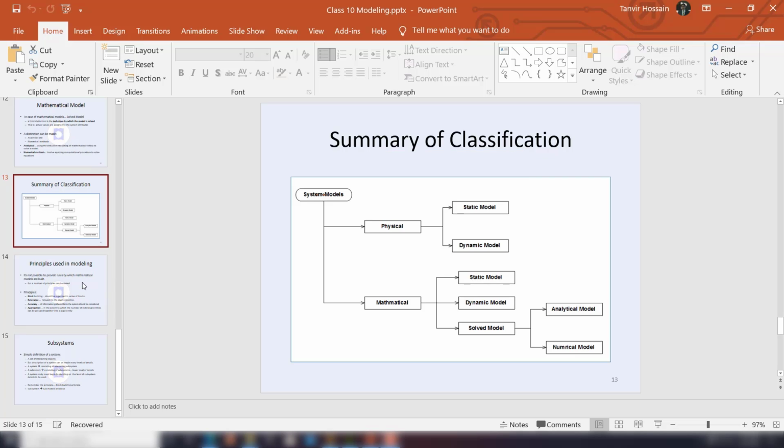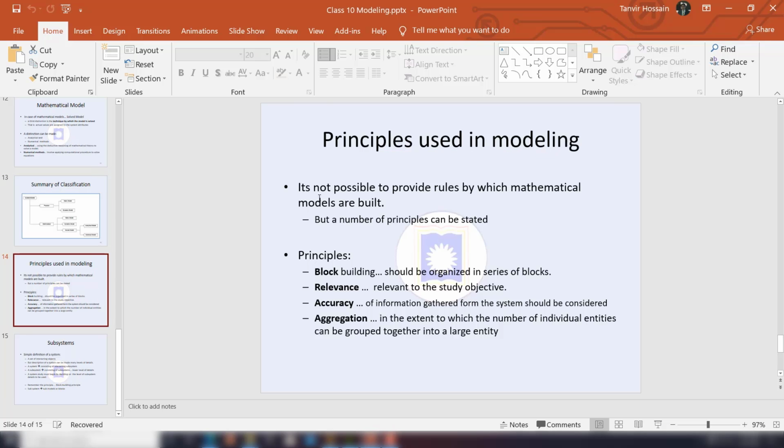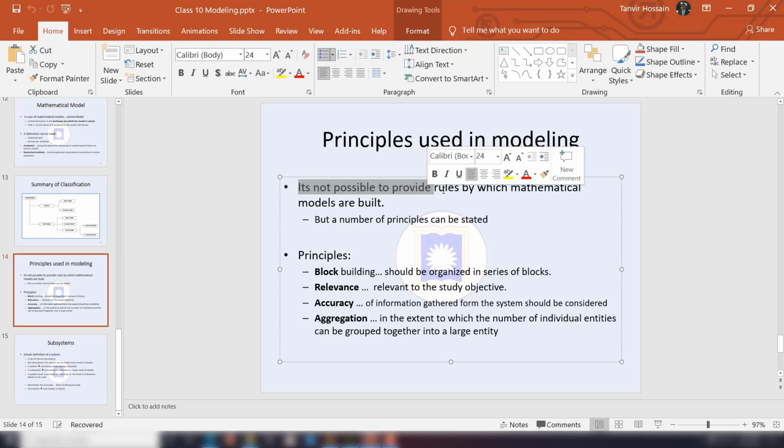Next, let us talk about the principles used in modeling. It is not possible to provide rules by which mathematical models are built. There are no specific or globally accepted rules, but there are some principles that you can follow. A number of principles can be stated to help us get some conceptualization of the models that you are going to build.